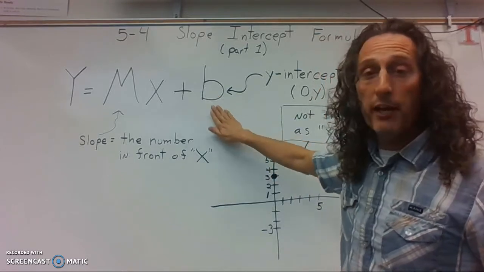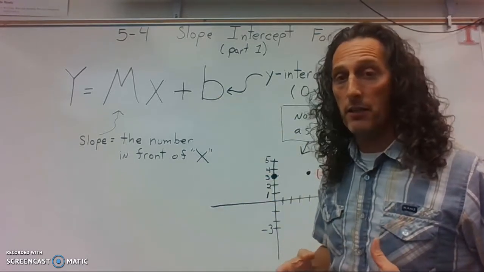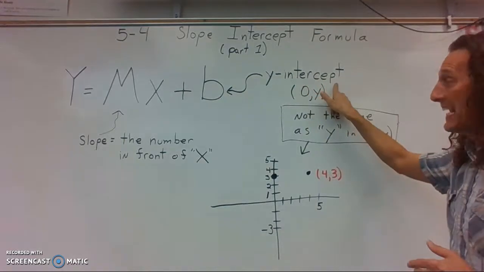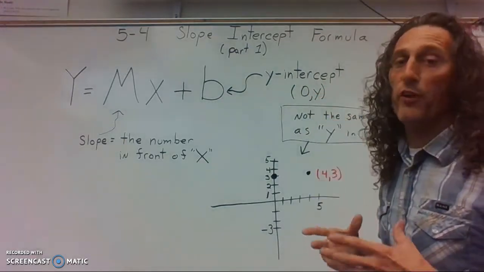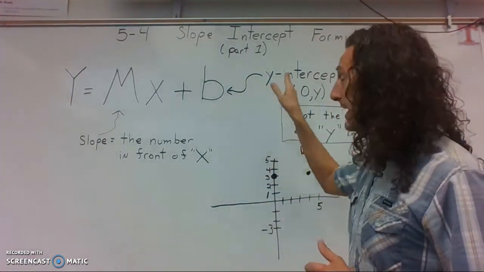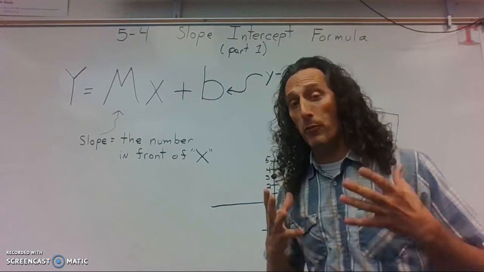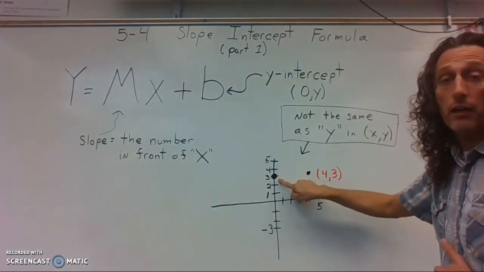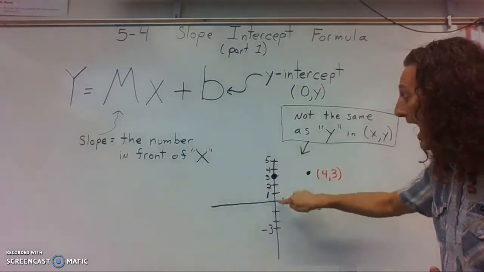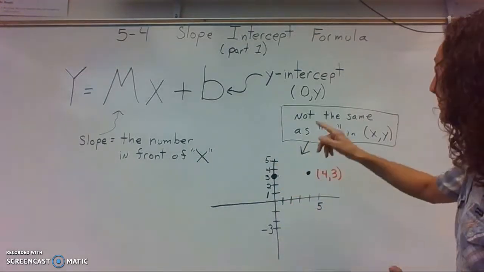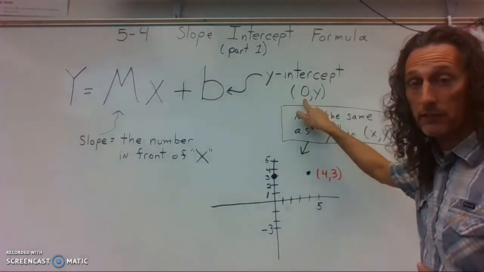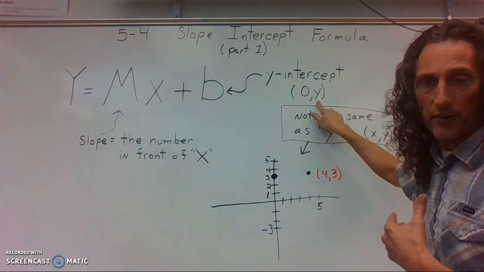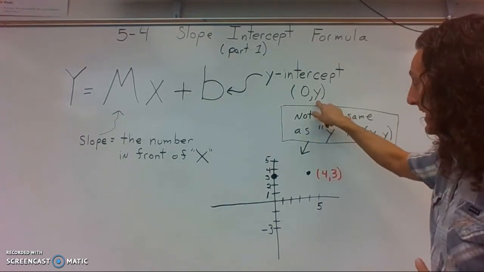But the b will represent a y-intercept. Okay? And that's very important. So b is the y-intercept. And remember, an intercept is a dot that lands on the y-axis, which means it has no x, and then wherever it lands, that's the y-intercept.